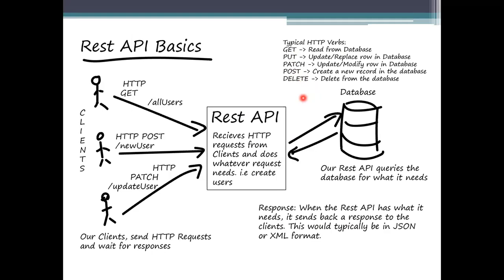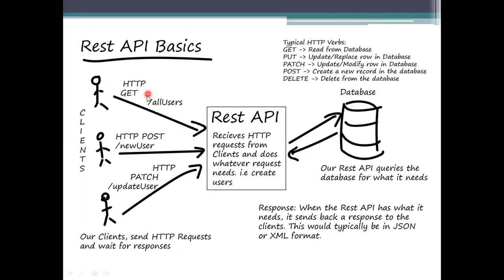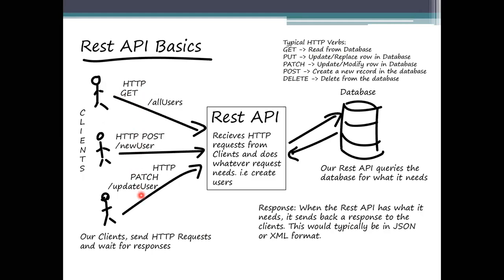First, how are the clients represented here? We are using all users, meaning those that already exist, and then we are allowing a new user also, and then we are allowing a user who wants to update their record.